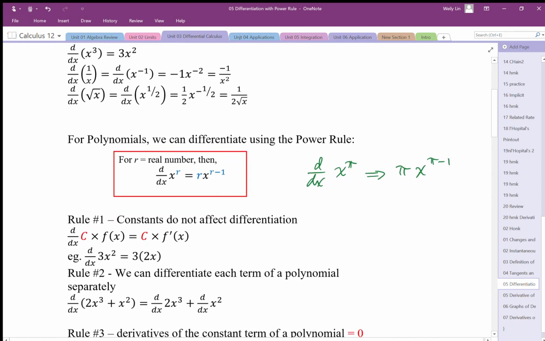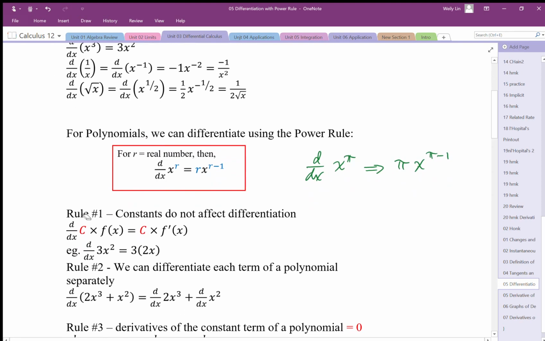So a couple things that we want to be aware of. We know that the constant c in front, the multiplier, is not really involved in the differentiation. However, it does affect the slope. It affects the slope by a factor of c. So what we're going to do is make sure that we keep that factor of c in our derivative.